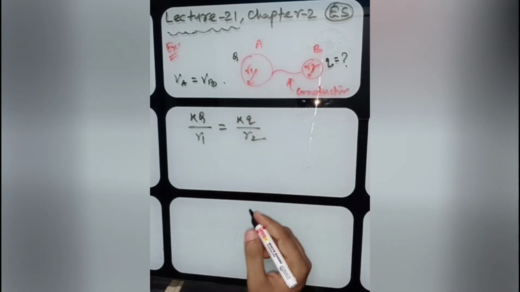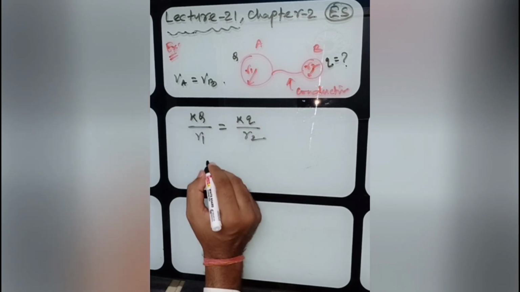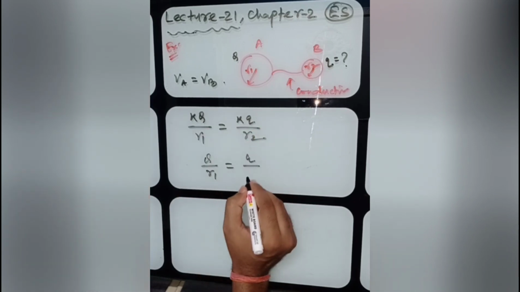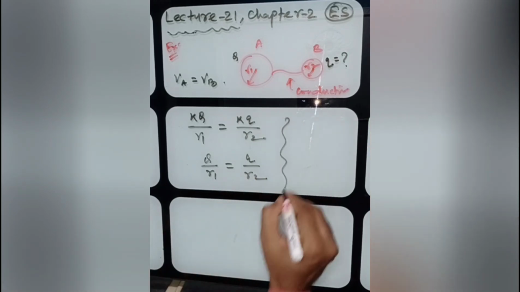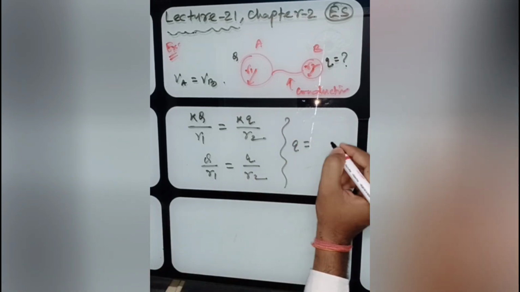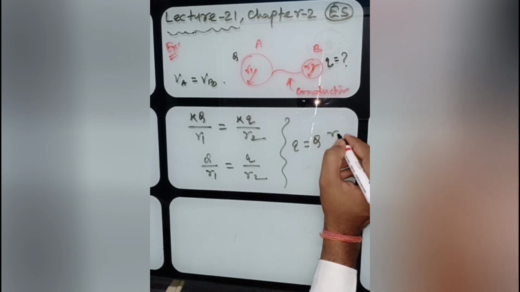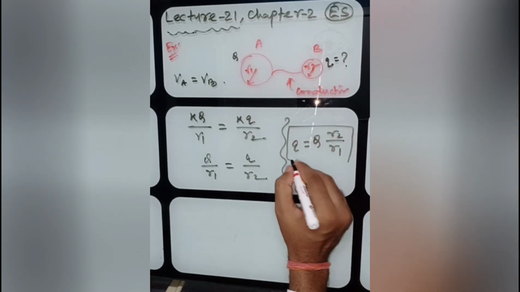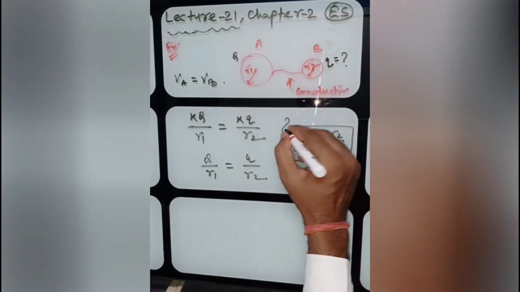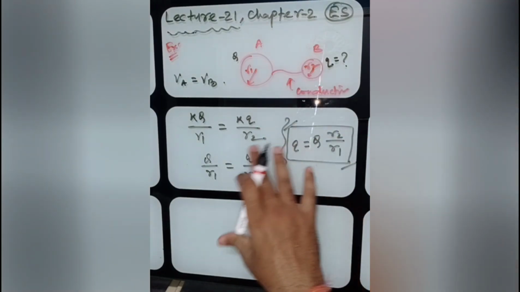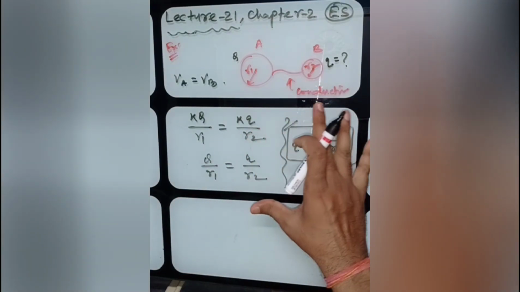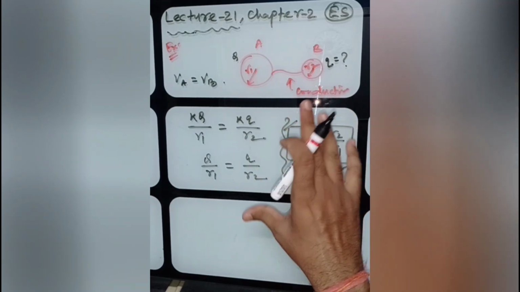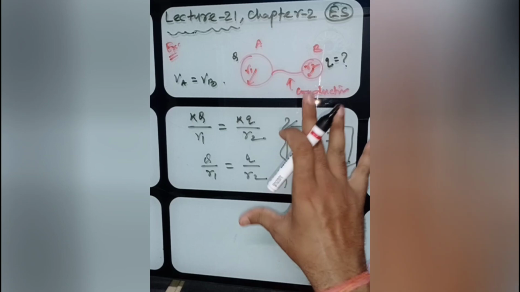So the K will be cancelled out. Q by R1 equals q by R2, or you can write the small q as Q times R2 by R1. So this will be the charge on this shell. There will be a number of questions you will be asked to solve, so in this way you can attempt the question.